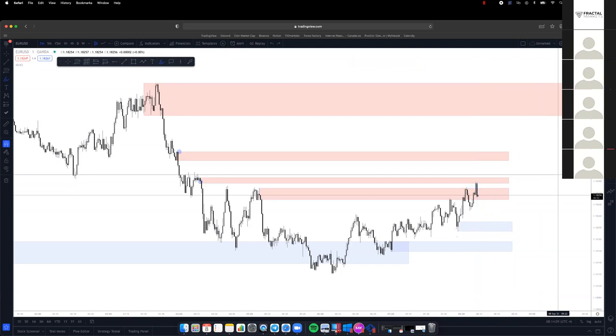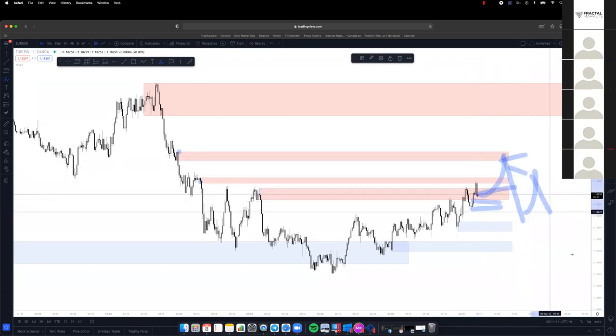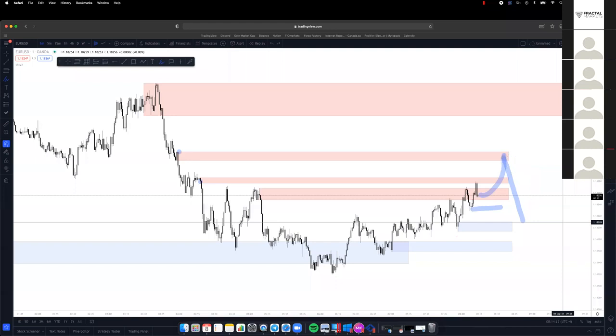Personally, I need a little bit more. If we went up like this and then took this out like this, then I'd have no problem, because if we take out two levels of demand, more than likely we're going to be taking out the rest of them because we're aligned with higher time frame order flow. So just sitting here waiting as I do.